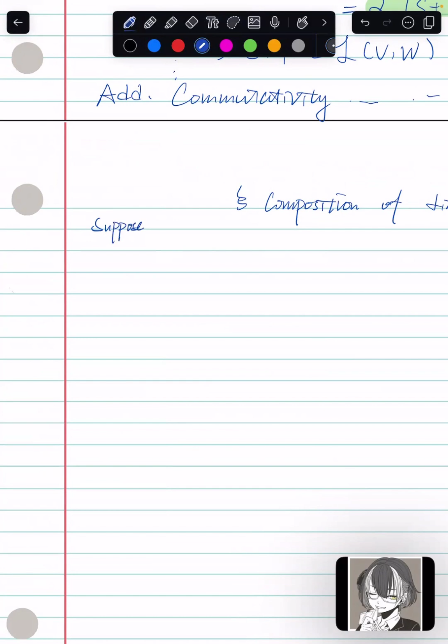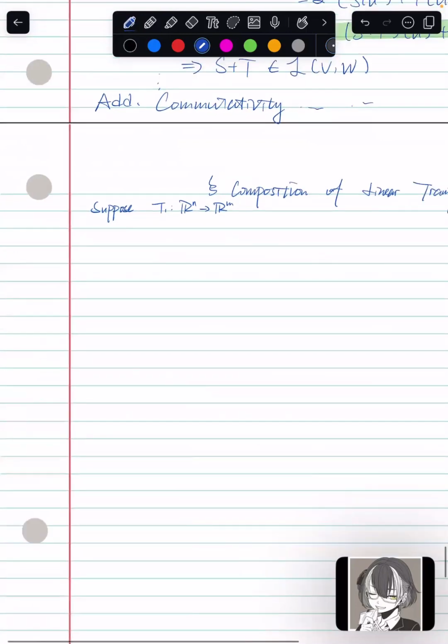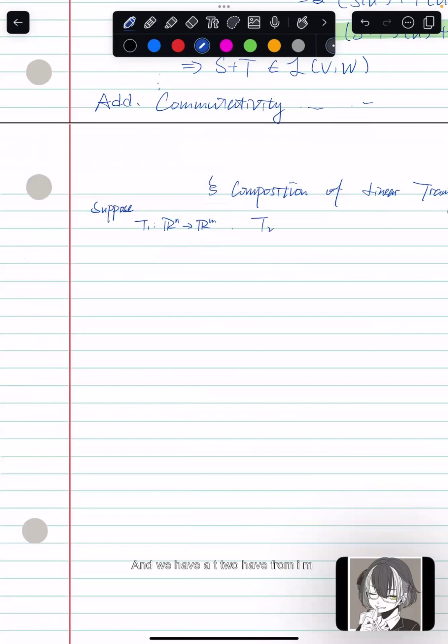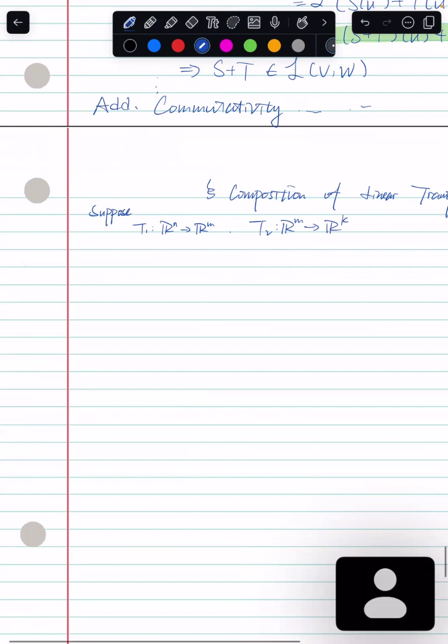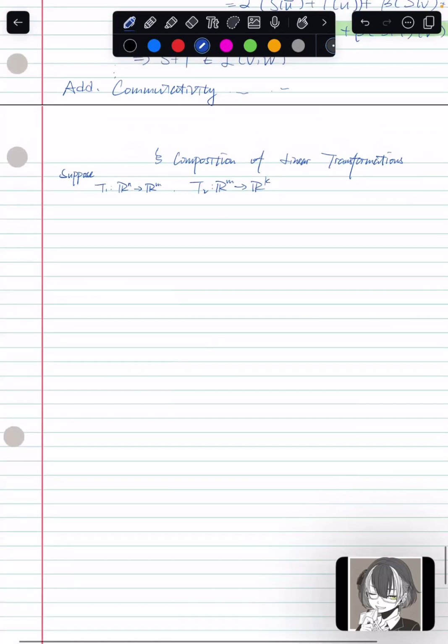Suppose we have a T1 map from R^n into R^m. And we have a T2 map from R^m to R^k. Okay, and they're both linear.